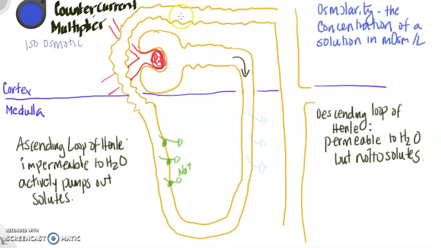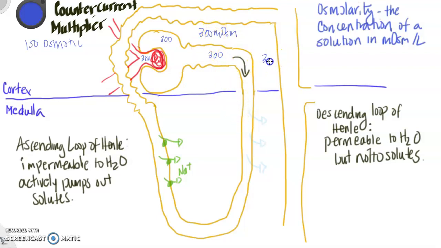So the osmolarity is about 300 milliosmoles. That's 300 in the interstitial fluid, 300 in the tubules right up here, 300 in the glomerulus and the arterioles, all of that.